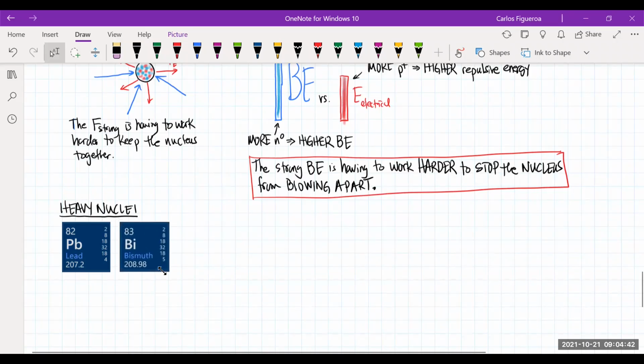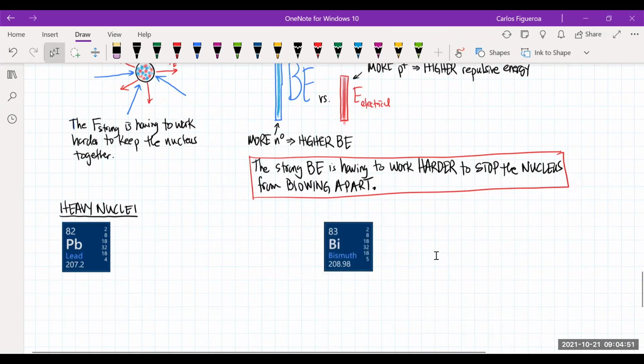And why do we need bismuth? Because it's the first unstable nuclei. So we really have to pay attention to both of these. So one more time, this is the last stable nuclei or isotope. And that means it lives forever.